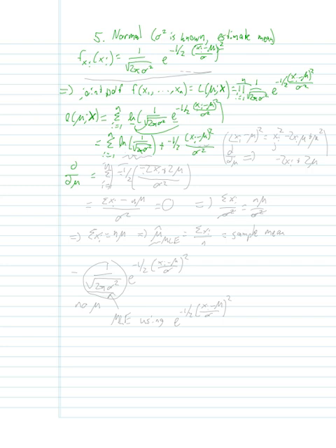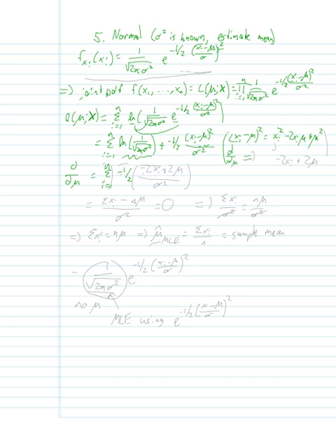Now take the derivative with respect to mu, and this whole ugly first term has no mu's in it, so the derivative of that is 0. So we have the sum of negative 1/2. Now I'm actually going to expand this, so xi minus mu squared equals xi squared minus 2xi mu plus mu squared, right?